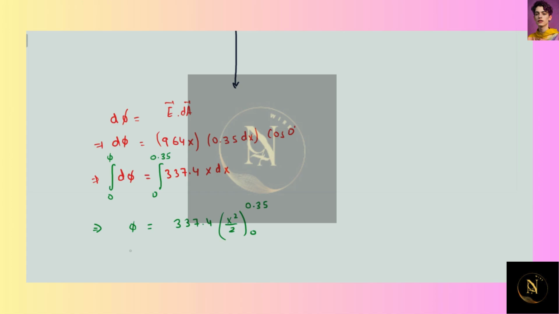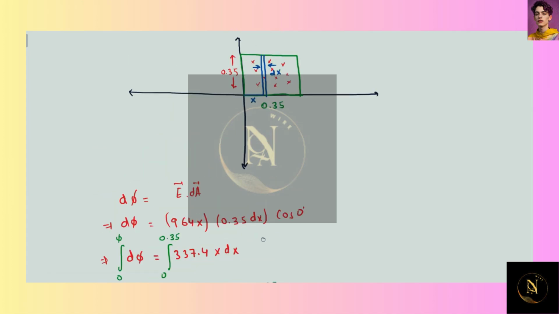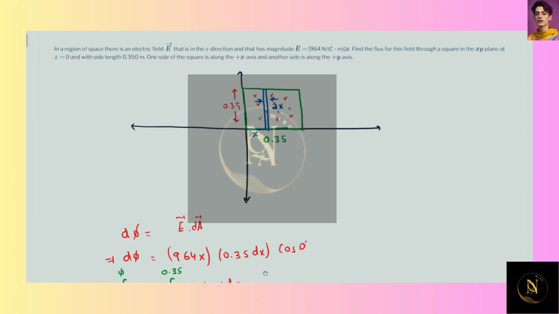So we multiply 337.4 times 0.35 squared over 2. The total flux comes out as 20.67. So this is the required total flux through this particular square.